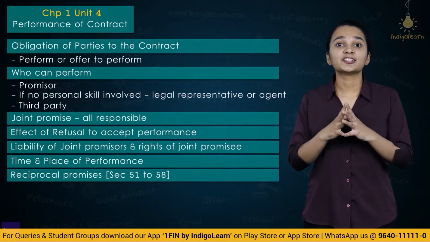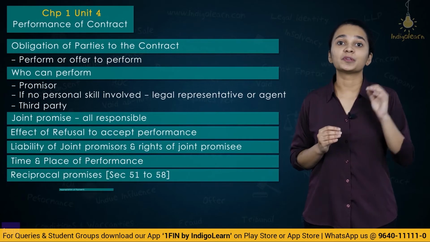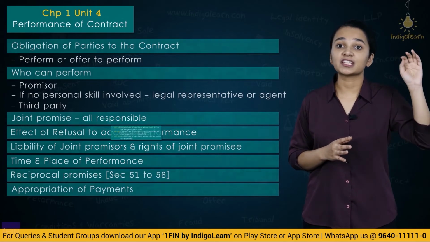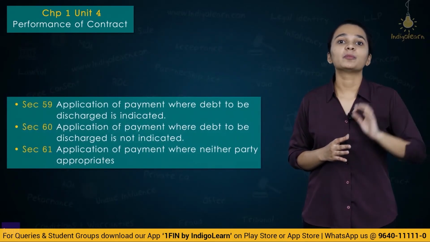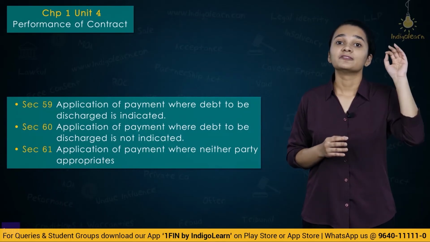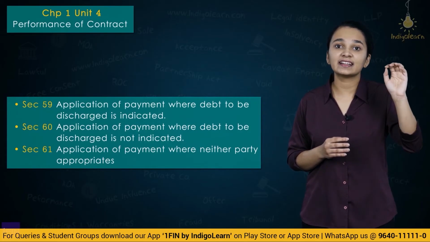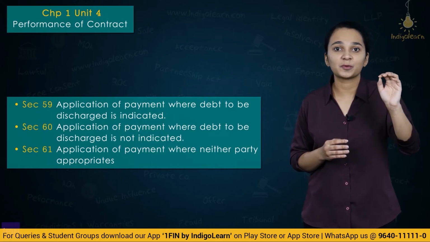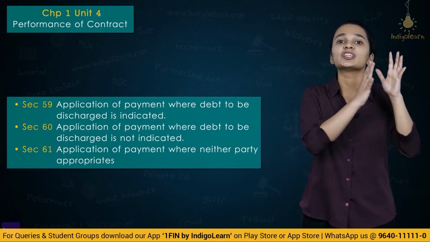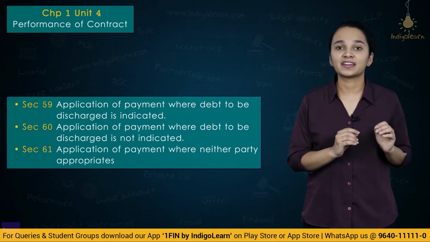After this, we have understood provisions regarding appropriation of payments. Sections 59 to 61 talk about appropriation of payment. Section 59 tells us that if the debtor has indicated the debt against which the payment has to be appropriated, then the appropriation has to be done in that manner.